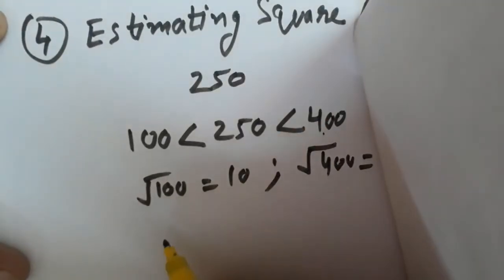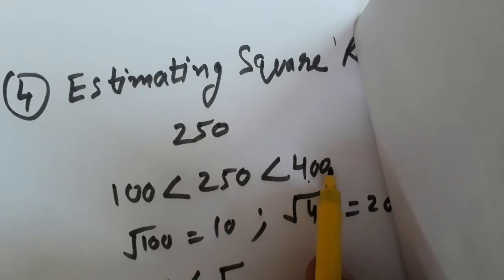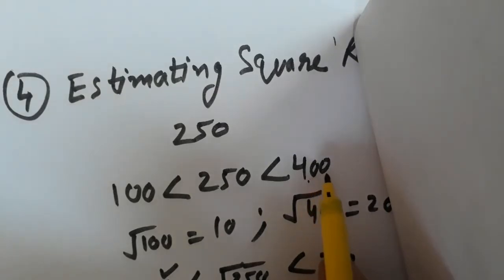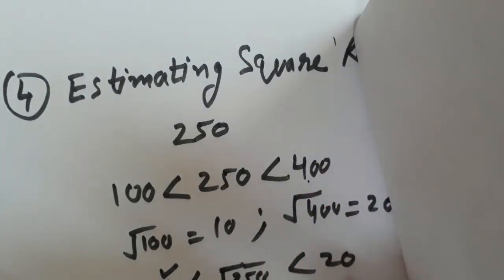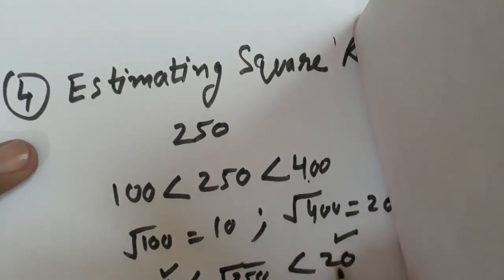Clearly, 10 is less than the square root of 250, which is less than 20, taking the square root throughout. I remember the square root of 400 is 20. But still we are not very close to the square number.